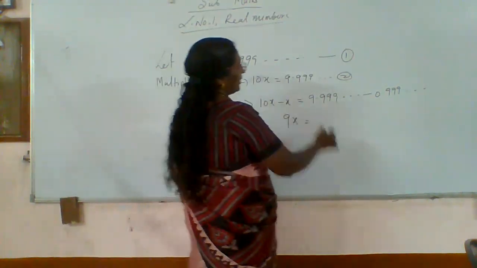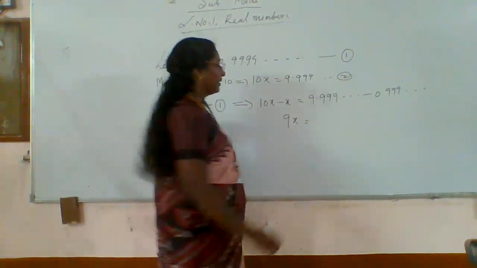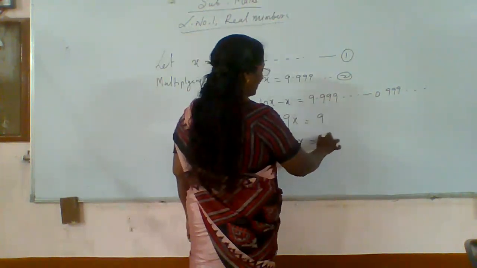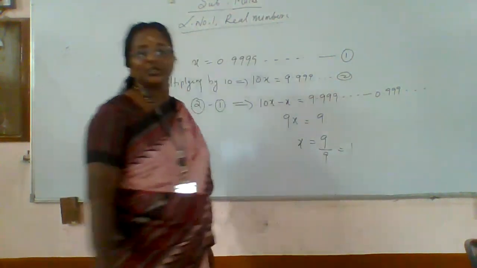And 9.999 minus 0.999, subtract and see what we get. 9. So what is x? x is equal to 9 by 9. 9 by 9, what is that? 1.